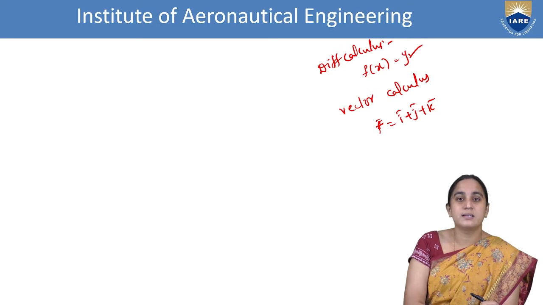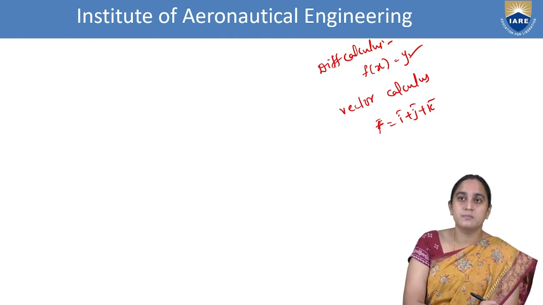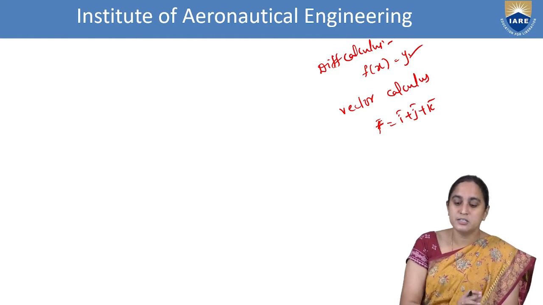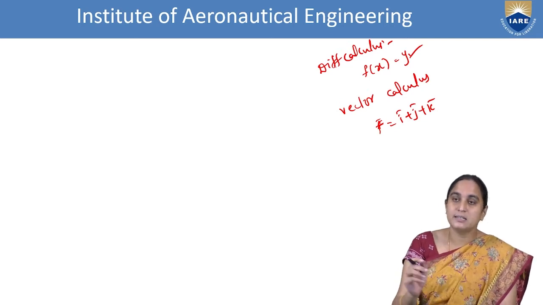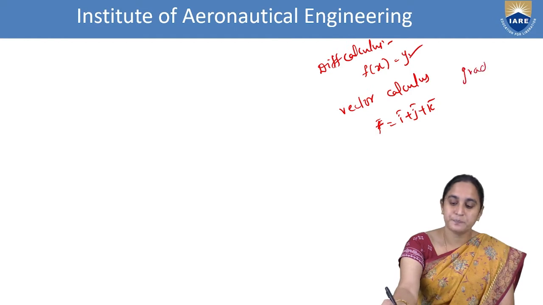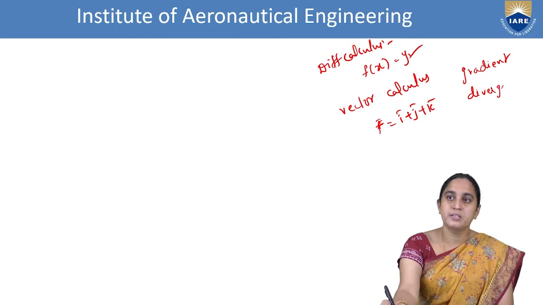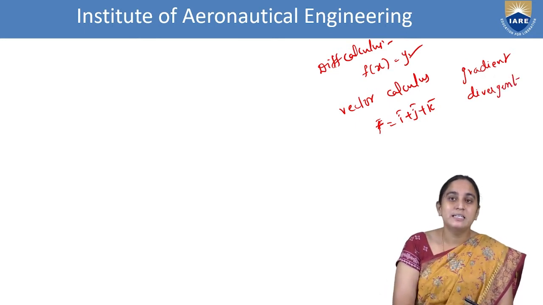That is called vector calculus. These are all things we discussed in the previous session. The related topics are gradient and divergence. These were also finished in the last session.